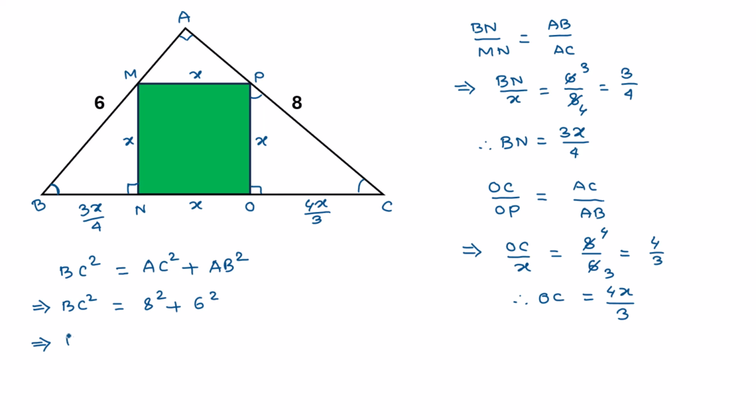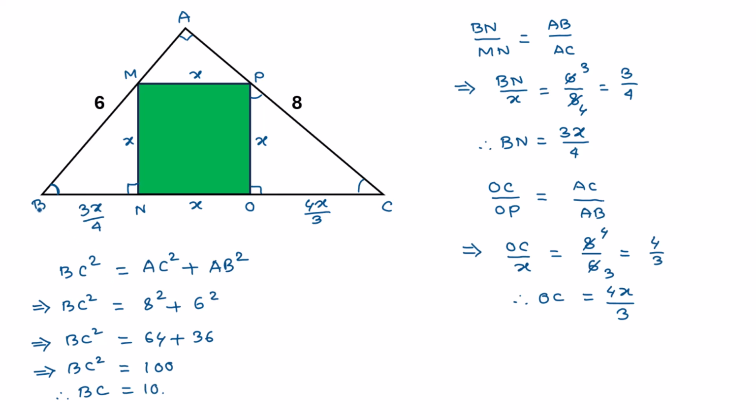BC square is equal to 8 square is 64 plus 6 square is 36. BC square is equal to 64 plus 36 is 100. And taking square root on both sides, we will get the value of BC is equal to square root of 100 is 10.